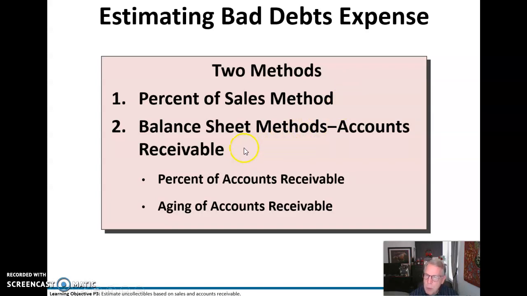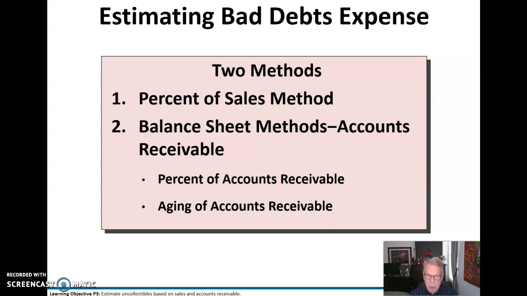We have two methods under the balance sheet method. One is a percent of accounts receivable, and then number two is aging of accounts receivable. I would say that I have always used the aging of accounts receivable method, for I find it to be more accurate that way.